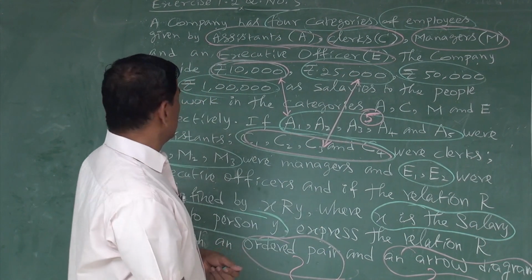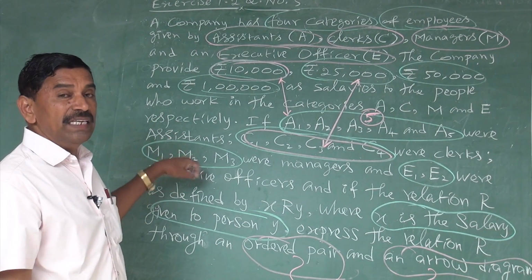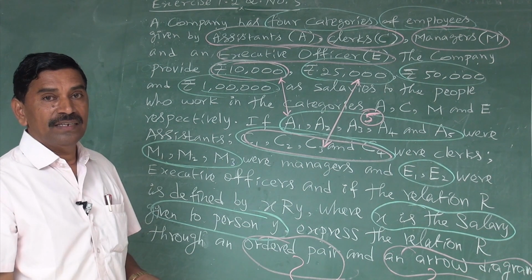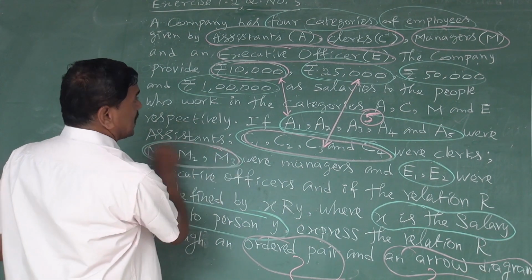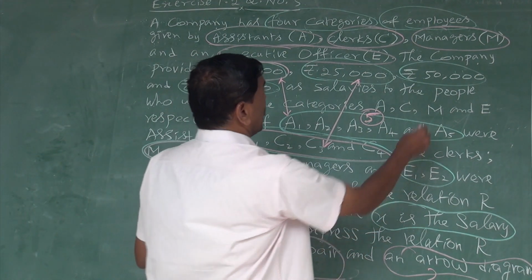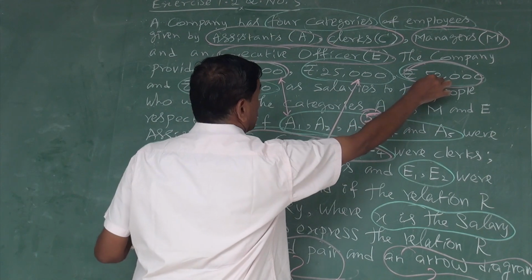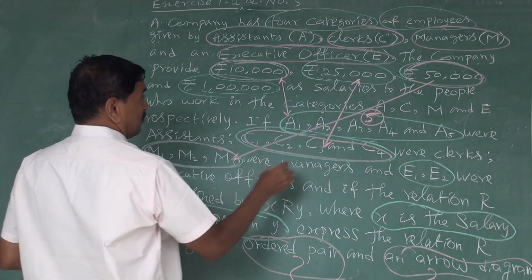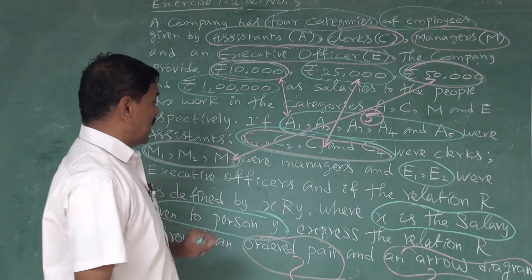Next, how many managers? Yes, 3 managers. Each manager can get how much salary? Yes, 50,000. So 50,000 is related to manager.